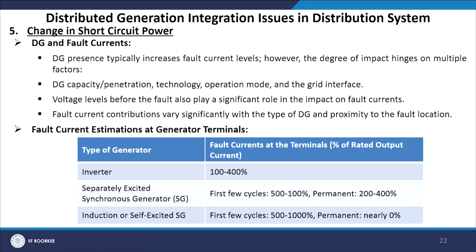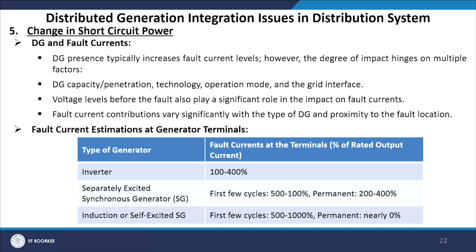Voltage level before the fault also plays a significant role in the impact on fault currents. Fault current contributions vary significantly with the type of DG and proximity to the fault location.